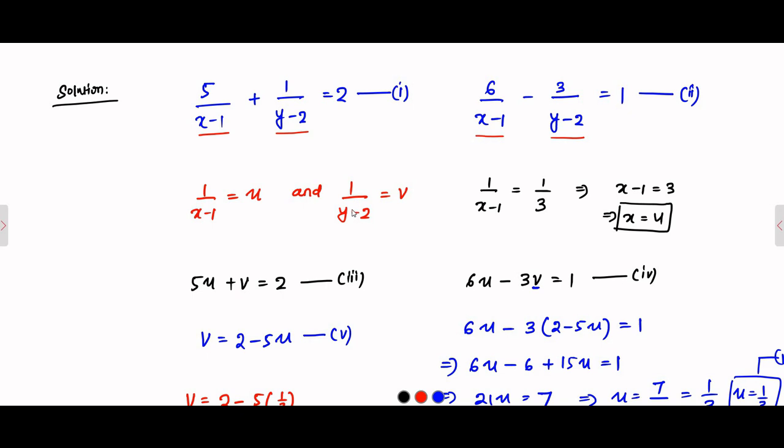Then 1 by y minus 2 is v, which is also 1 by 3. So 1 by y minus 2 is equal to 1 by 3. That implies y minus 2 is equal to 3. That implies y is equal to 3 plus 2, which is equal to 5. So x is equal to 4 and y is equal to 5. So for this pair of linear equations in two variables, the solution is x is equal to 4, y is equal to 5.